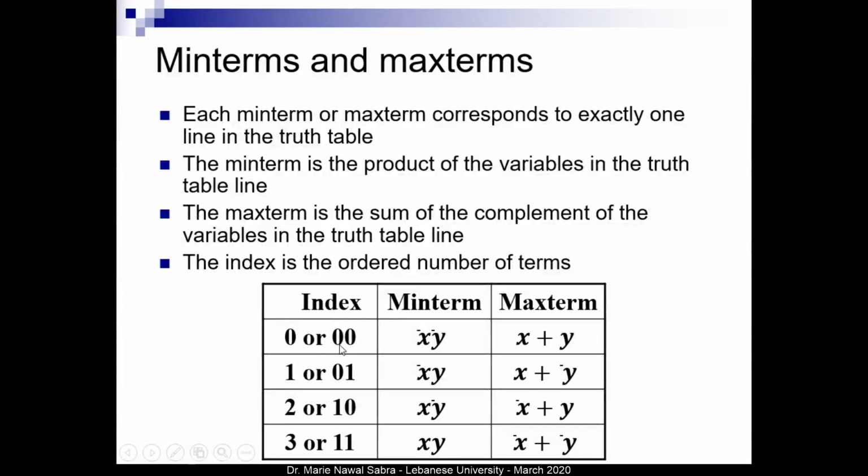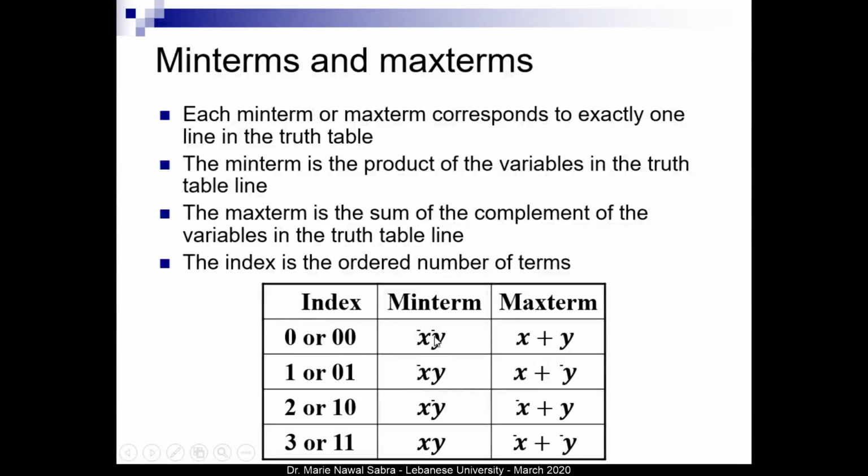In a truth table or in a min-term max term form, it is always very important to put them in order. So we begin in alphabetical order and we begin counting from a binary equivalent value of 0, 1, 2, and so on. Here, the min-term equivalent is what makes the function of the truth table equal to 1.